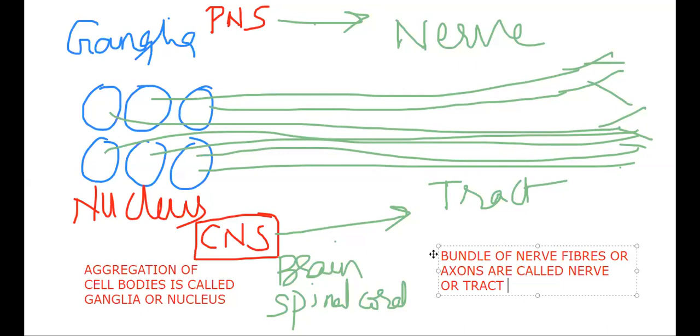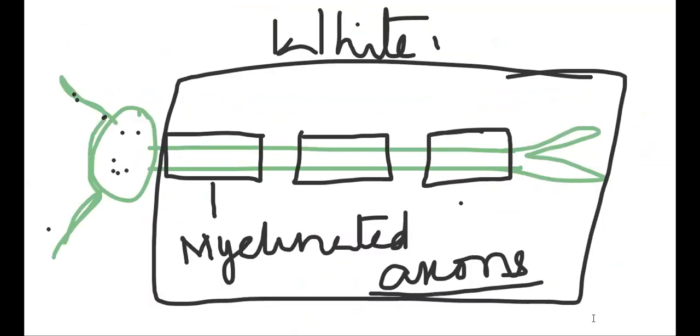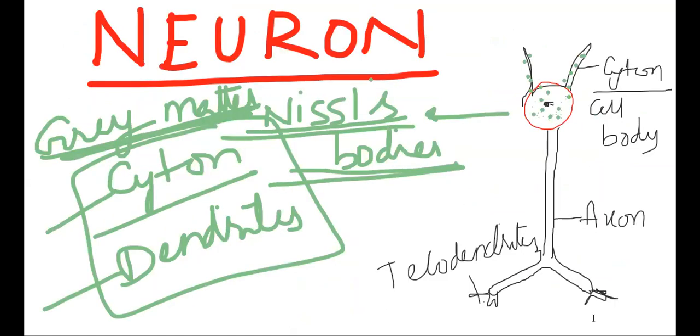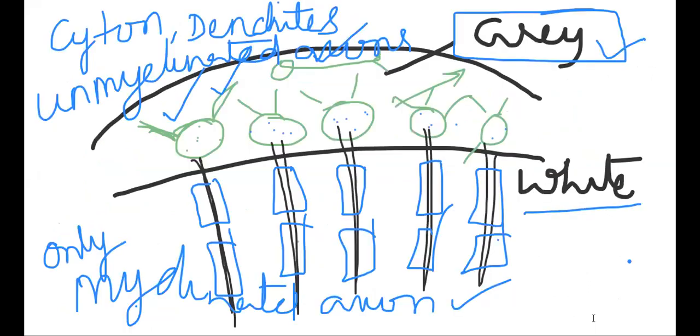So what we learn here is the reason for the appearance of gray color and white color, that is, the meanings of gray matter and white matter. I'll show you once again. The gray color is due to Nissl bodies, cytons and dendrites. The white color is due to the presence of myelinated axons.